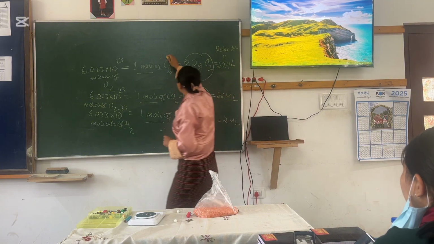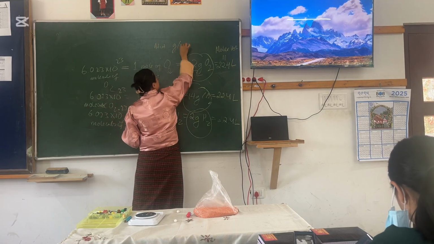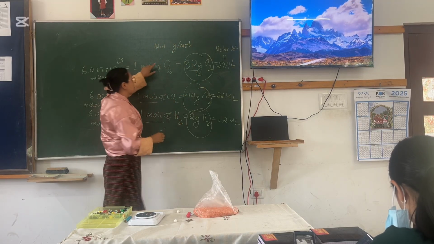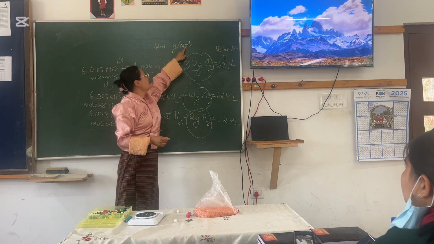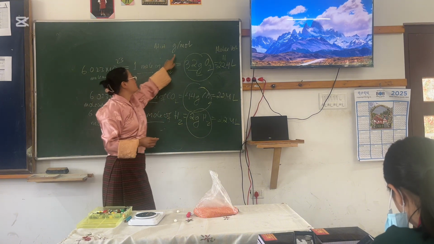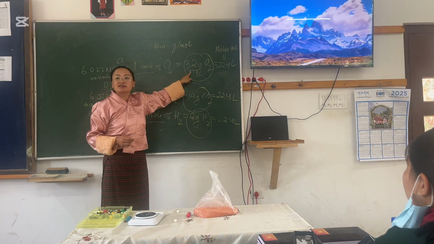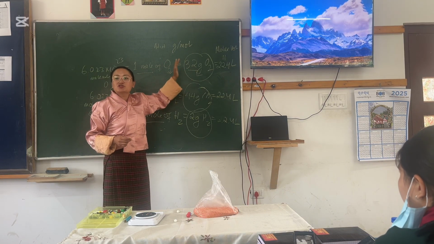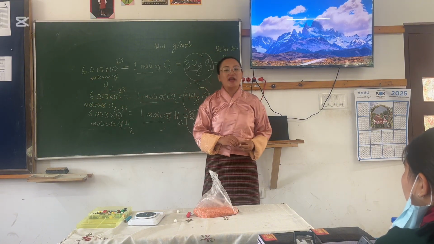Remember, atomic weight or molecular weight has the unit grams per mole. For example, for O2, if you are asked to get 1 mole, the weight is 32. So different substances will have different weights.